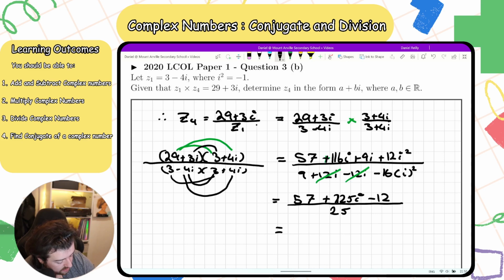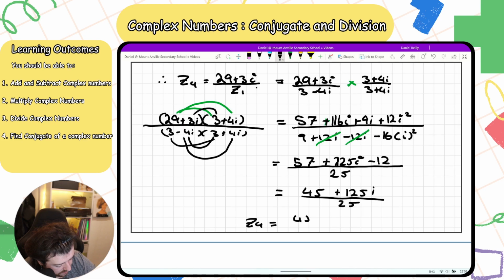So 87 minus 12 is equal to 75 plus 125i all over 25. So z4 is going to be equal to 75 divided by 25 plus 125 divided by 25 i. And this is going to be 3 plus 5i, so z4 is equal to 3 plus 5i.